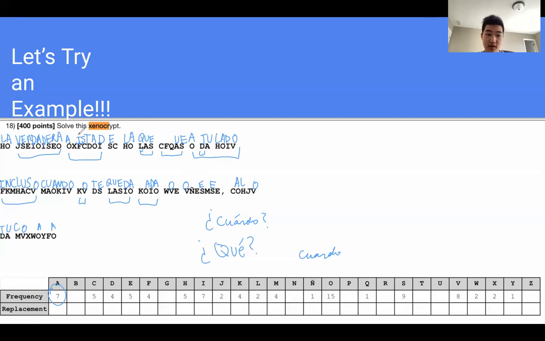La verdadera is a way of saying the true something. In Spanish, like we said earlier, usually the noun is before the adjective, but there's a couple ways you can modify some adjectives to make the adjective come before the noun. So in this case, it's saying the true, I'm just going to fill this in, amistad.